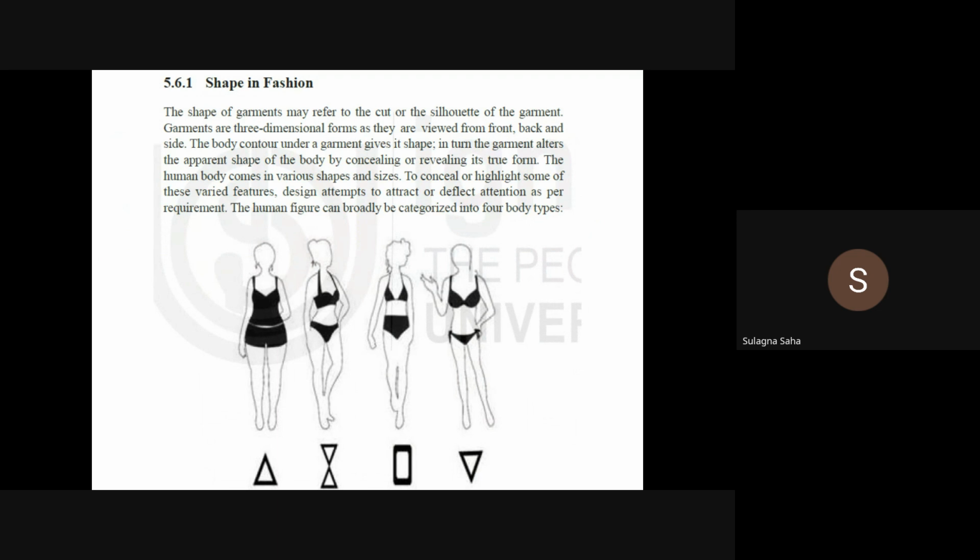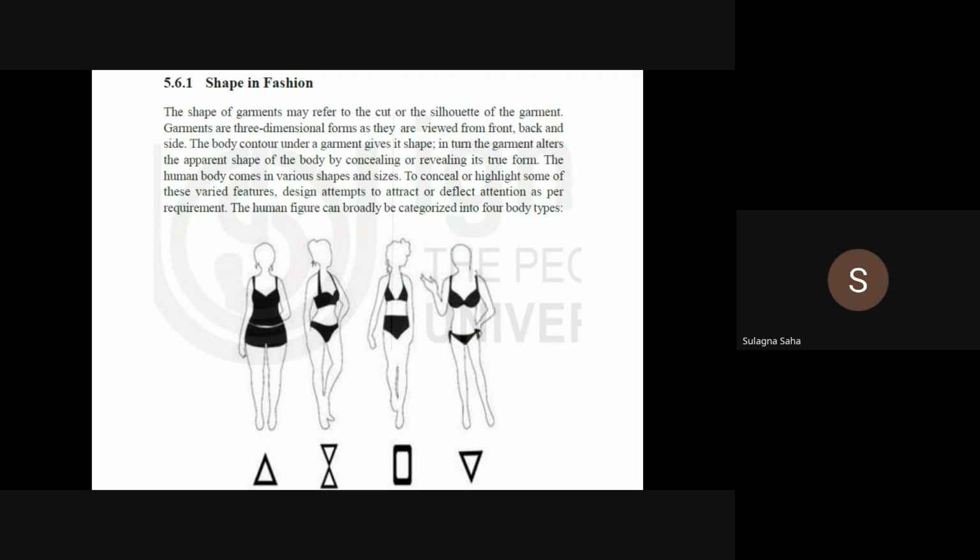At times it is used to alter the actual shape of the body or conceal or reveal it in certain ways. Now, human bodies are generally of four types, specifically women's bodies.